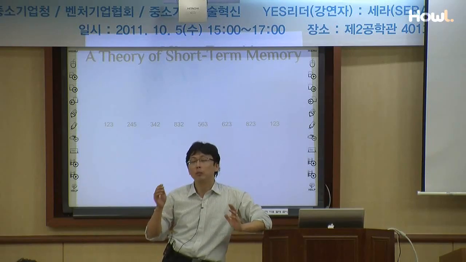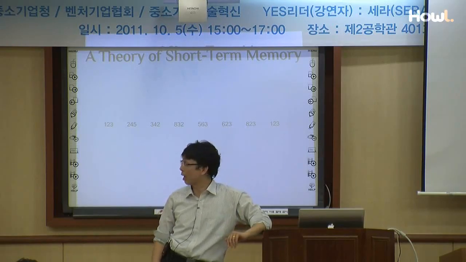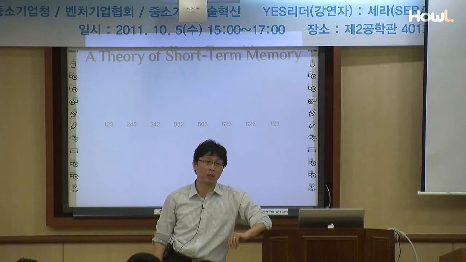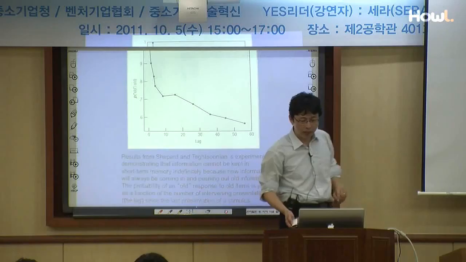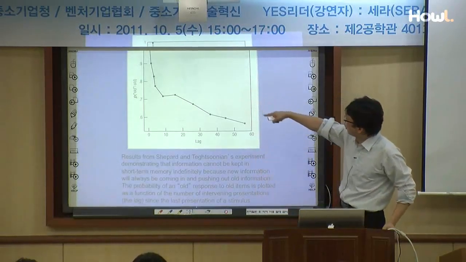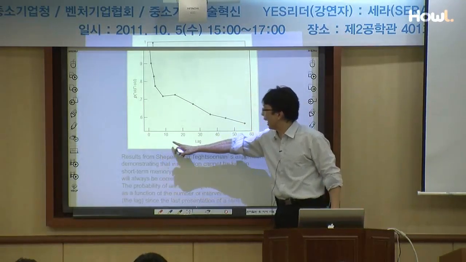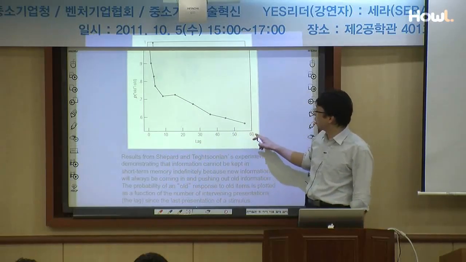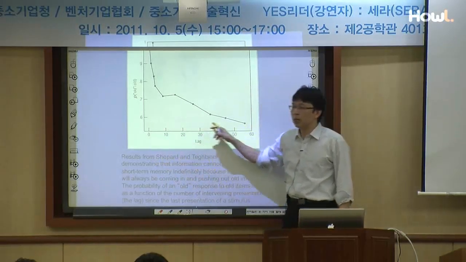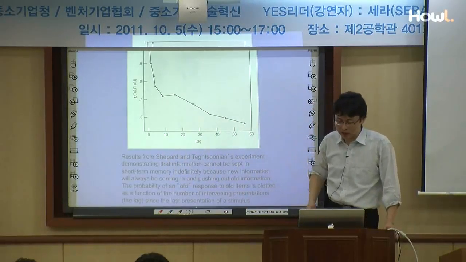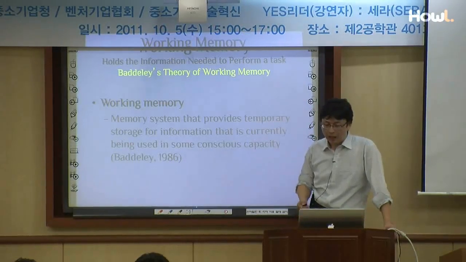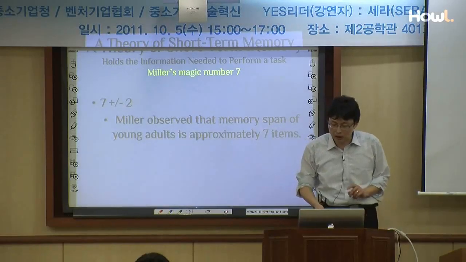But for making better information, you have to use this working memory limitation. That's what we will learn next week. So when you have a long list, say 60, half of the people cannot recognize the number they have seen. Miller's 7 plus or minus 2, I will discuss.